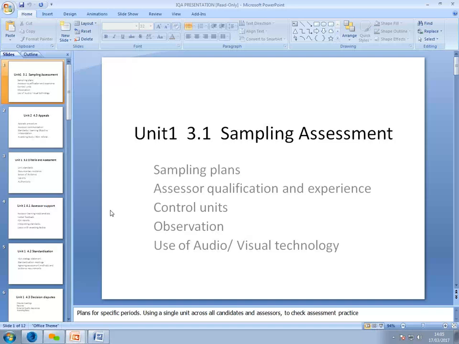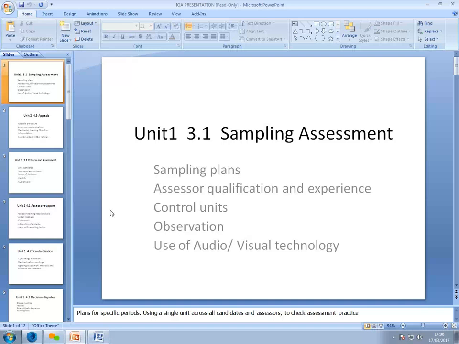So where you're probably doing an observation with a qualified and experienced assessor once a year, you may need to do an observation 2 or 3 times a year with a new assessor until they gain the confidence with your support to be able to say, yeah, I'm okay now, I know what I'm doing, I understand the system properly, and I feel confident.